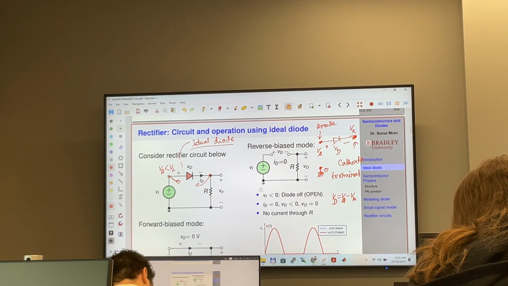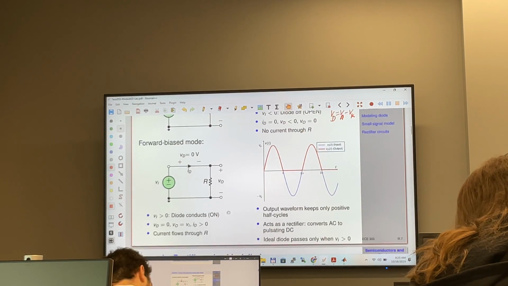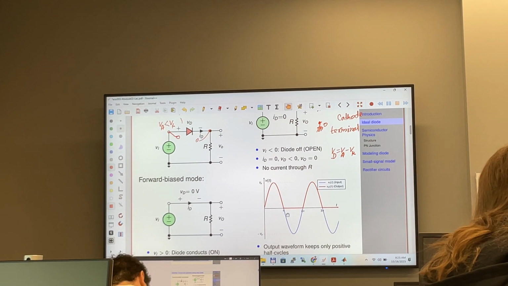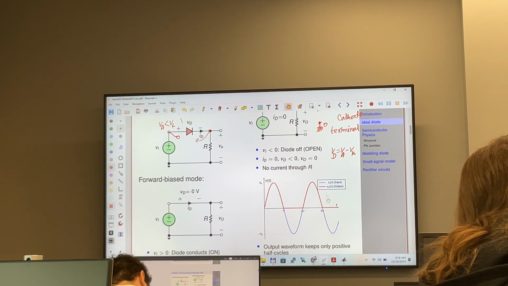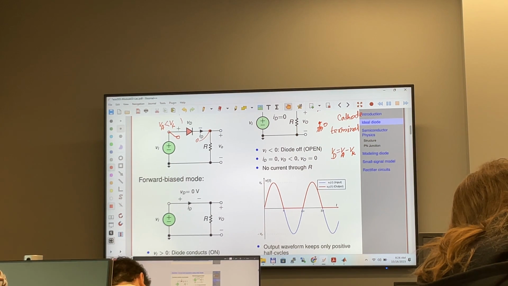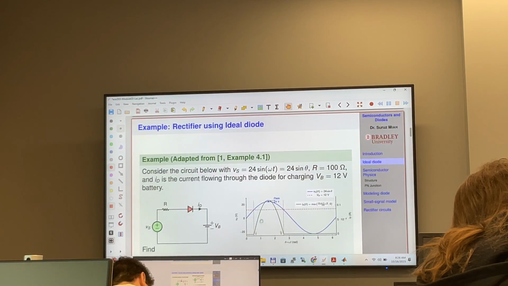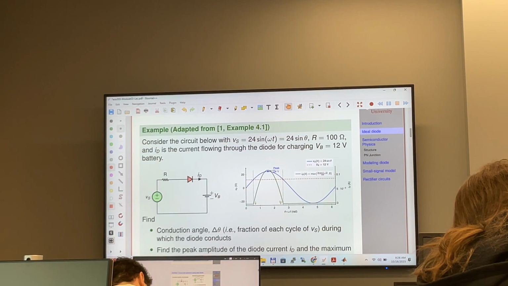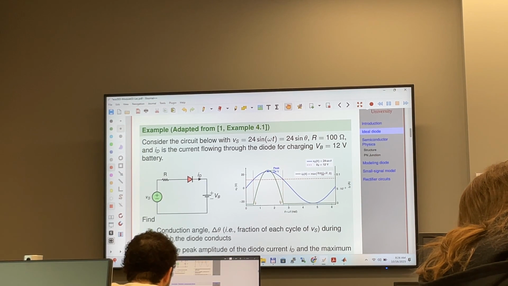So if that is the case, then it's simply a half-wave rectifier, and you see the positive cycle on it. And some of you showed it out. So this is what we had in our last class. Now let's go through one example that we did not go through. I adapted this example from example 4.1 of the textbook.